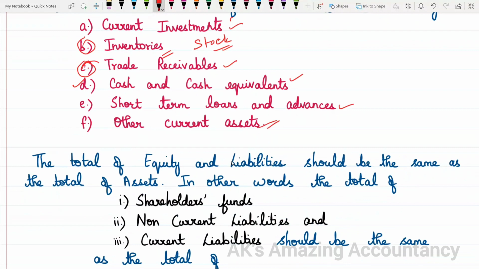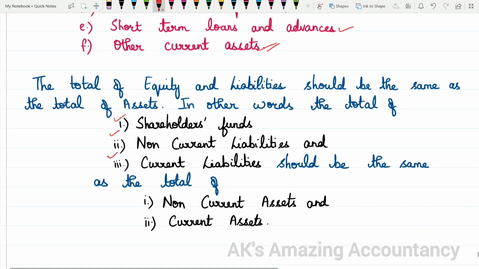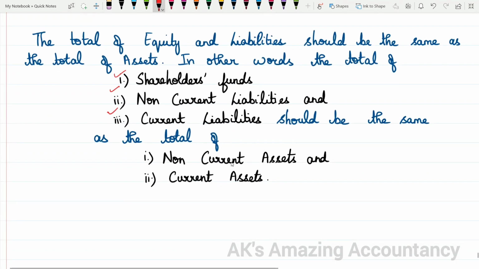Okay. Now you have to find the total of equity and liabilities, and you have to find the total of assets. In other words, you have to find the total of shareholders' funds, non-current liabilities and current liabilities. The total of all these three will give you the total of equity and liabilities.